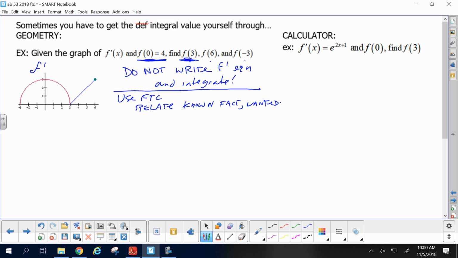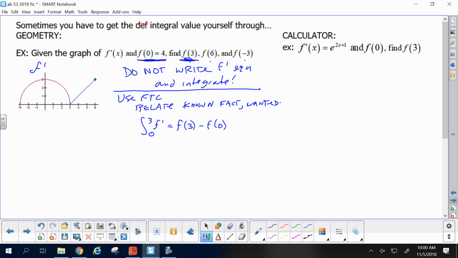Okay? If I relate those through a definite integral, then I could say 0 and 3 under f prime. The area, that definite integral would be the antiderivative f at 3 minus the antiderivative at 0. That's the intention, is that you relate the given initial condition to one of the things you want.